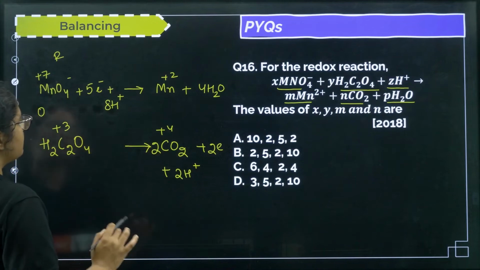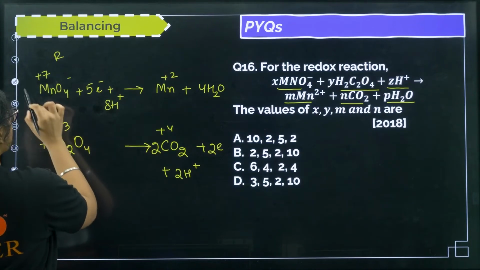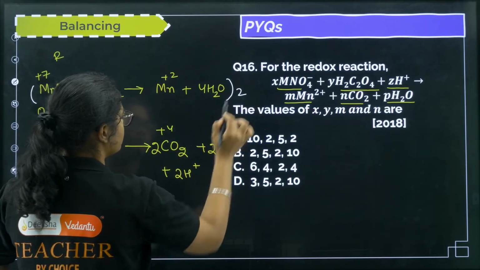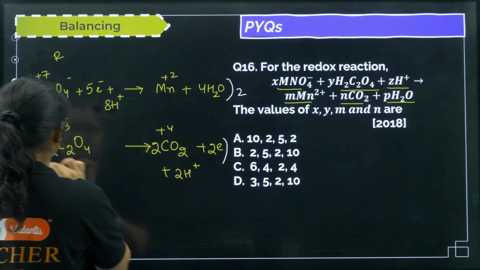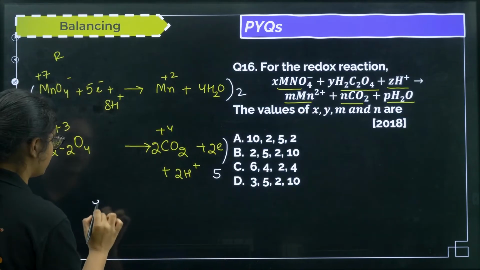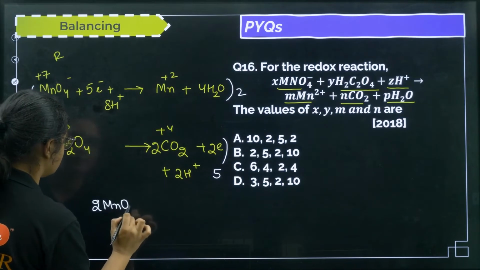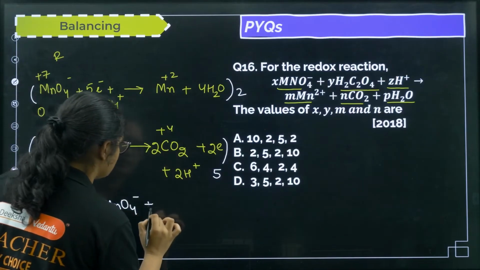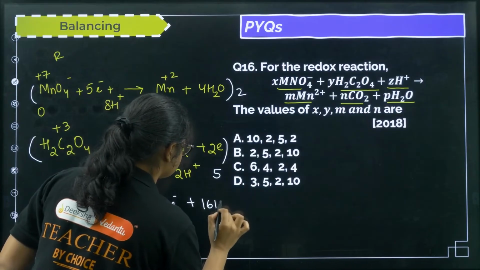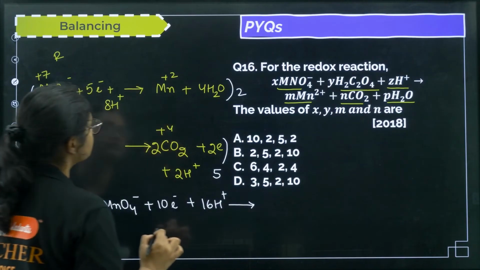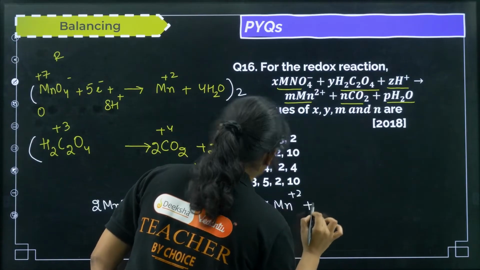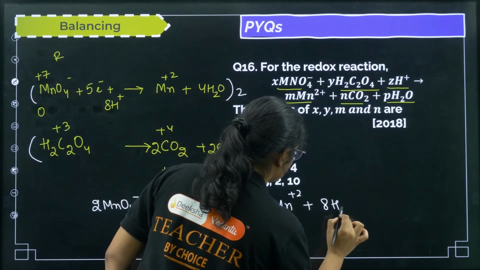Now to balance the number of electrons, this is 5, right. So this whole equation should be multiplied with 2, and this whole equation should be multiplied with 5, right. Now if I write the whole equation, I will get 2 MnO4 minus plus 10 electrons plus 16 H plus gives rise to 2 Mn2 plus plus 8 water.